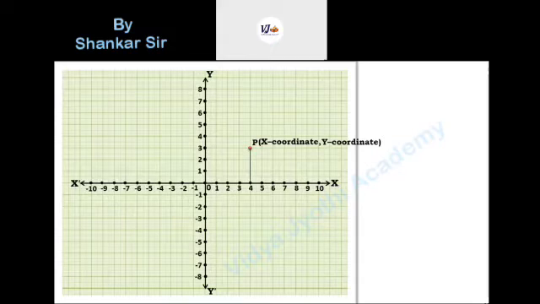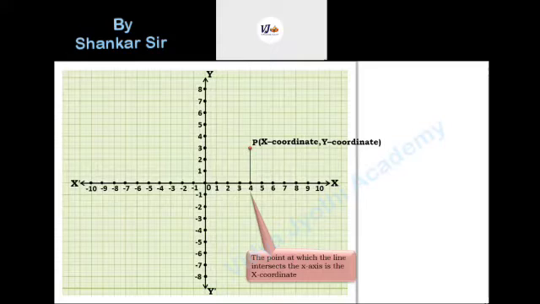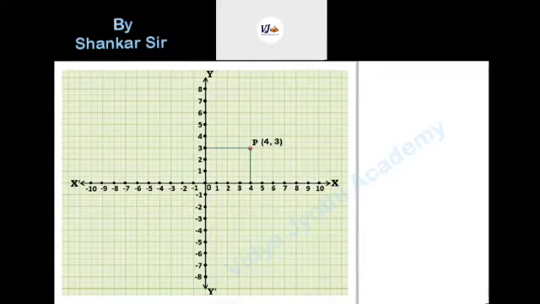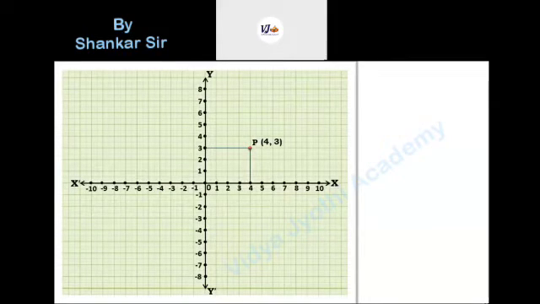This is the y distance, here 3. So this point P is located by its x coordinate and y coordinate: x is 4 and y is 3. This is one example.